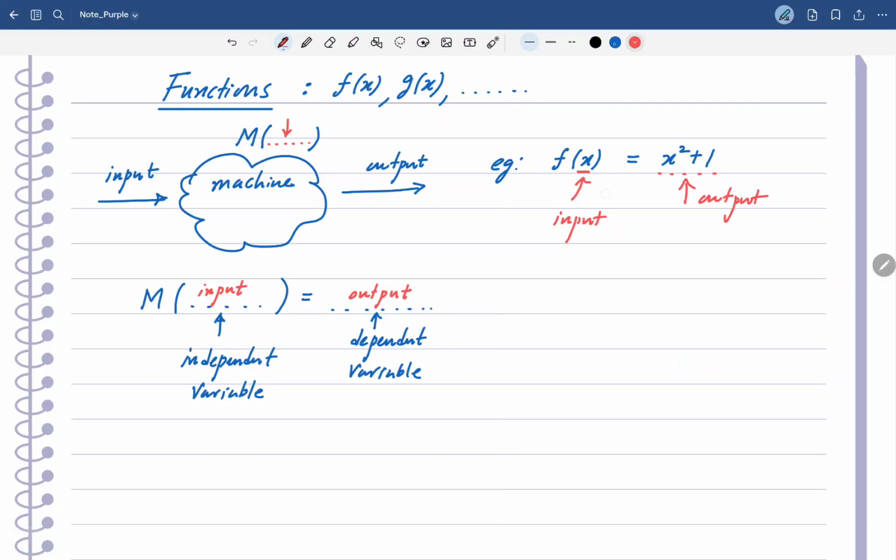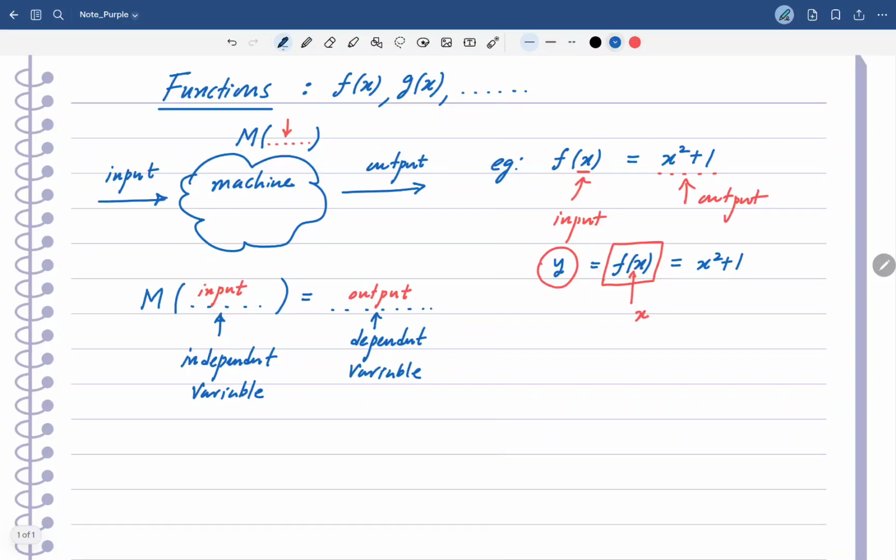Sometimes in math, you define this f(x) function in this way: you equate this to y. So what is y now? This y means f(x). Inside f(x), you get x, right?